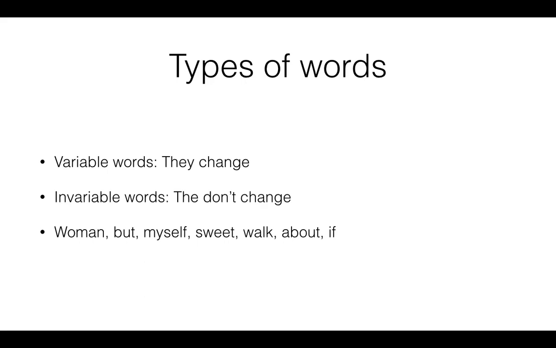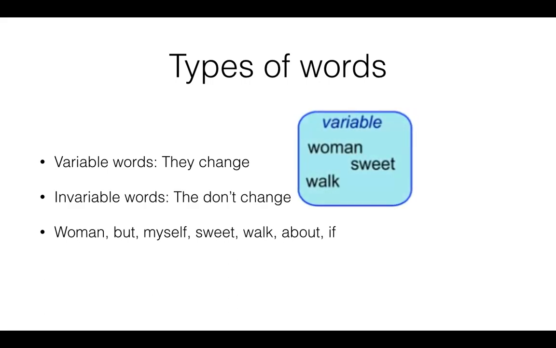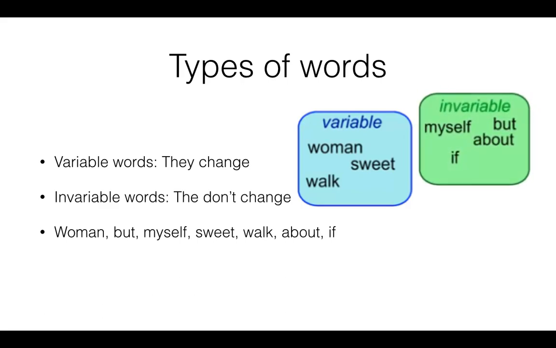So those are examples which can be classified into categories. You have the variable words there: woman, sweet, and walk. And then you have the invariable words, and the invariable words usually include the pronouns, this category, the relative pronouns, all types of pronouns in English.